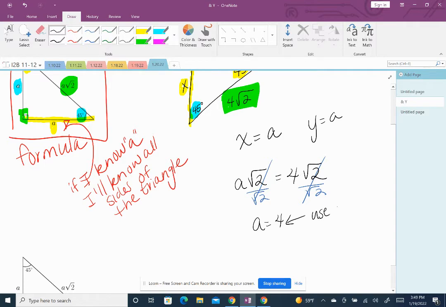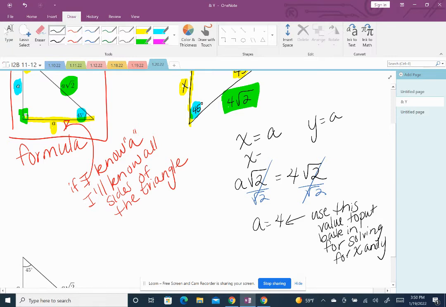You're going to use this value to put back in for solving for X and Y. Okay, so where we have our A's, we can replace. A is 4, so I can just say X is equal to 4. And Y is equal to A. A is 4, so Y is equal to 4.